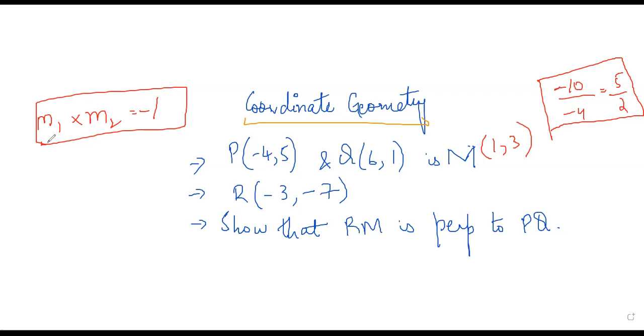So how do you find the gradient for the first one, for P and Q? The same, from P, y2 minus y1. Yeah, the formula will remain the same. This is x1, this is y1, this is x2, this is y2.